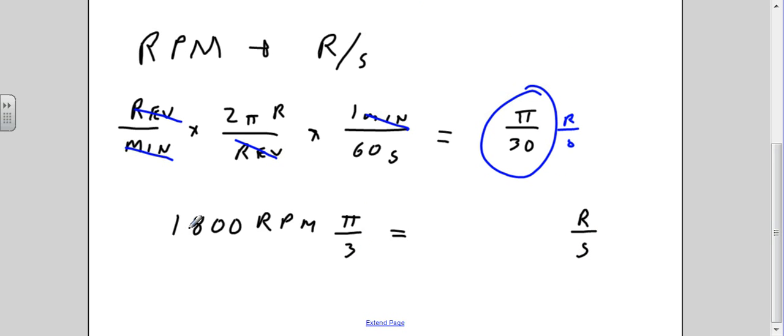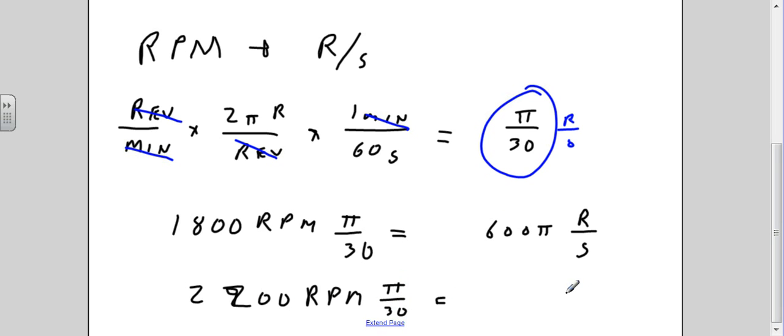So 3 goes into there 6 times, so it's 60 pi radians per second, and 2200 revolutions per minute times pi over 30 gives me what? 3 doesn't go into that anymore, does it? 220 over 3 pi radians per second.